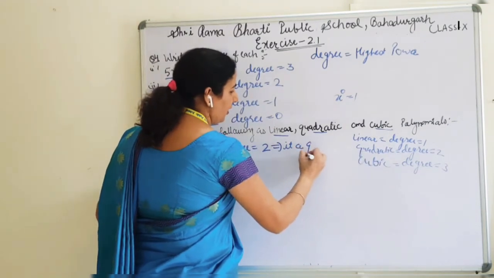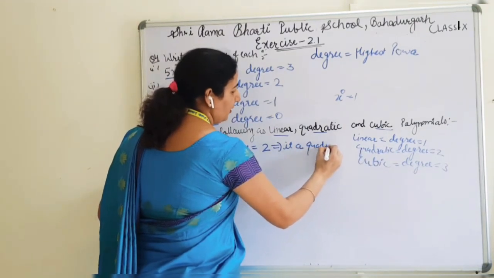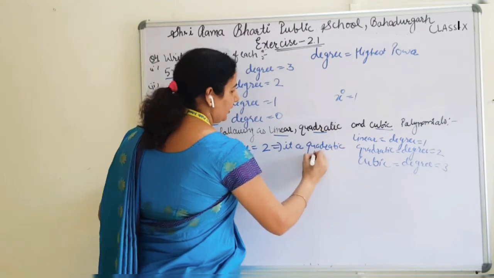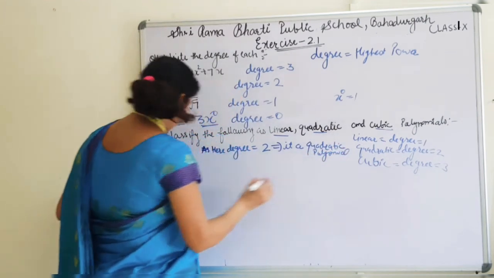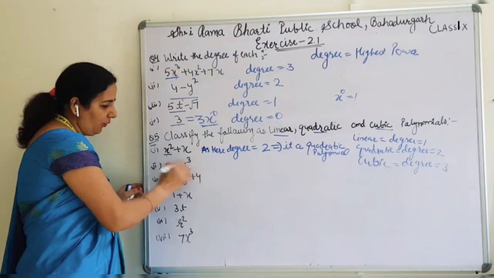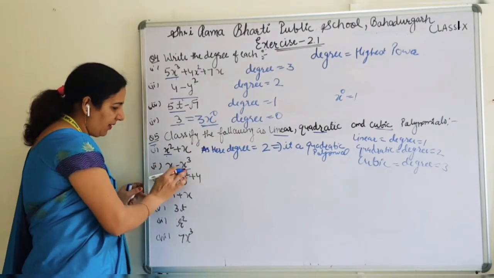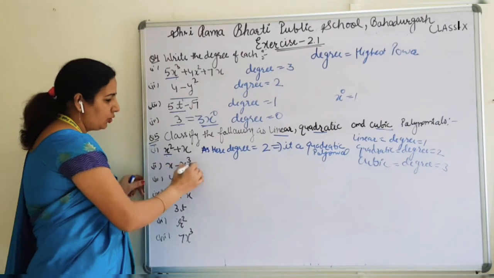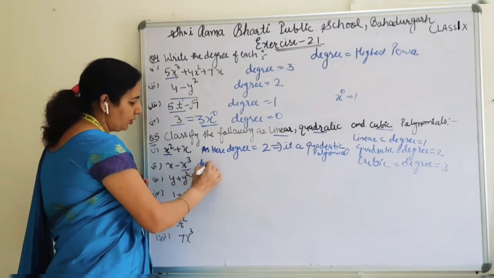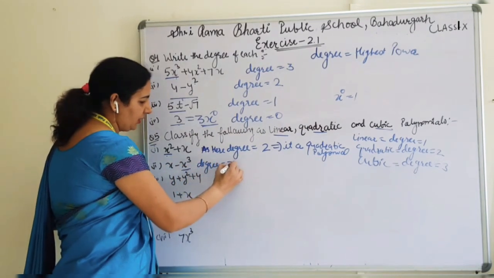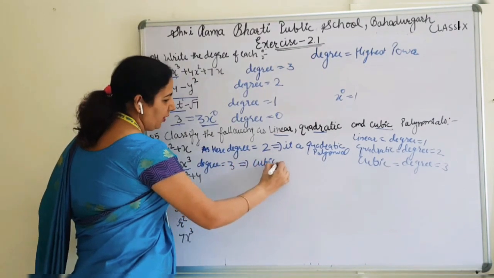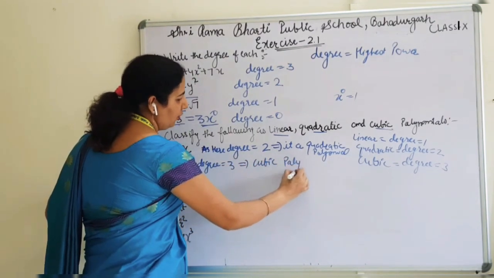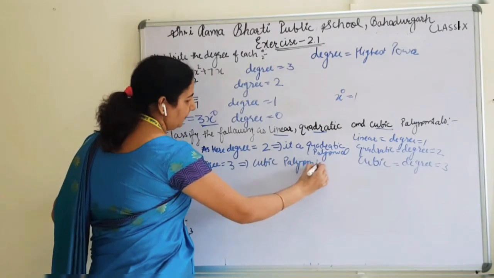So it is a quadratic polynomial. In the second, what is the degree of this? The highest power is this one only. So here the degree is equal to 3. This implies it is a cubic polynomial.